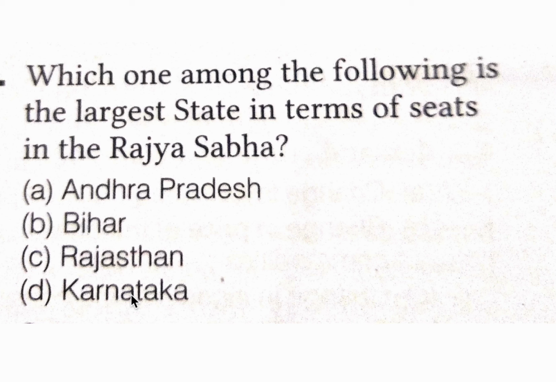Uttar Pradesh has the largest number of seats in Rajya Sabha, it is 31. Uttar Pradesh is not mentioned over here, but among these the highest is Bihar. Andhra Pradesh has 11, Bihar 16, Rajasthan 10 and Karnataka 12. So Bihar has 16 Rajya Sabha seats. So out of all these states, Bihar has the largest seats in Rajya Sabha.